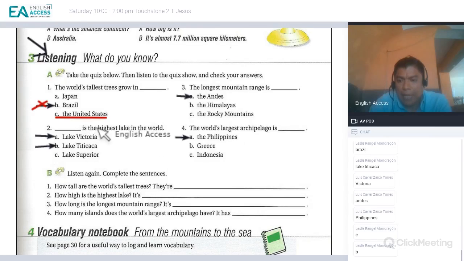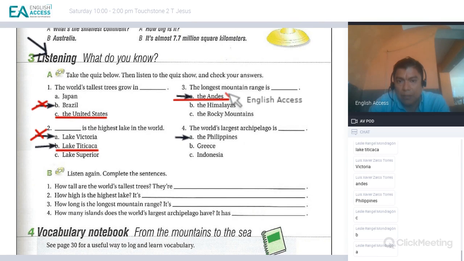Blank lake is the highest lake in the world. Letter B. So letter A is incorrect. And the correct answer is Lake Titicaca. Yes. Number 3. The longest mountain range is... the Andes. And the Andes is correct. Good job, guys.